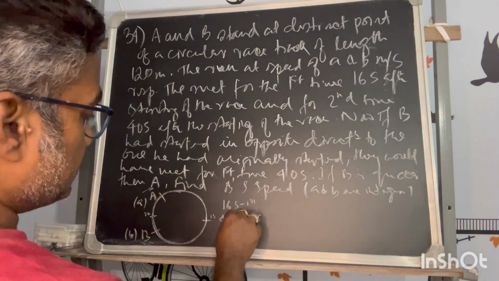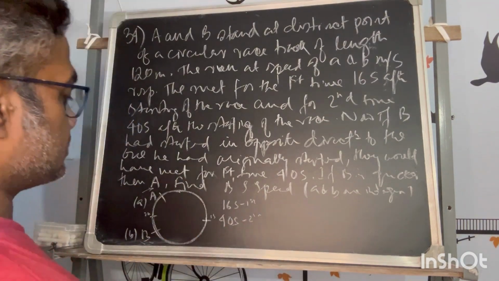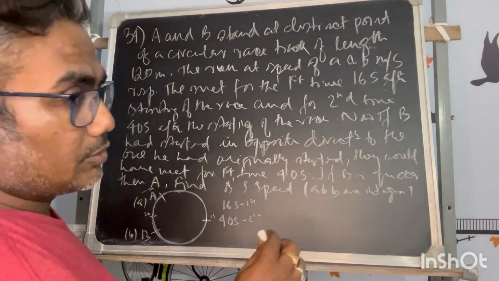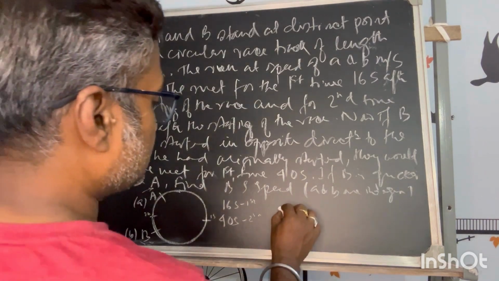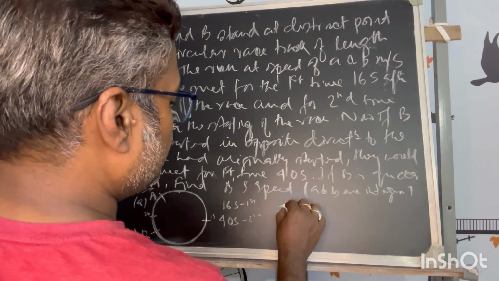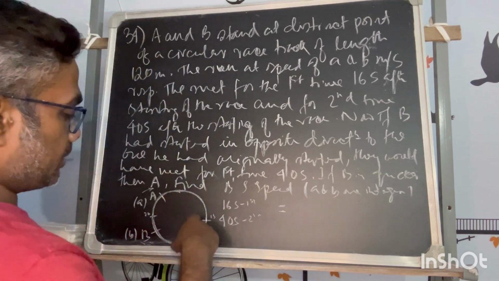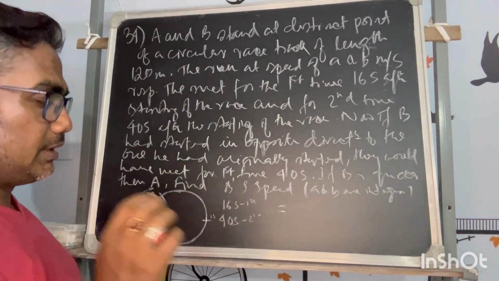So in between this time, whatever distance they move cumulatively will be the distance traveled by them with their relative speed.